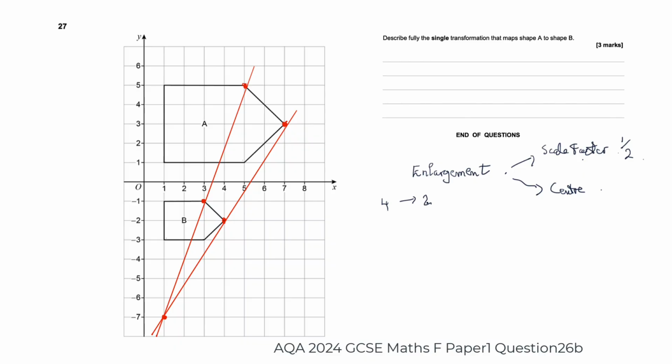Let's take another pair of points just to confirm that. This corner or vertex of shape A corresponds to this vertex of shape B. Now that's an easier one to see where the line in this case goes, because it's a vertical line.